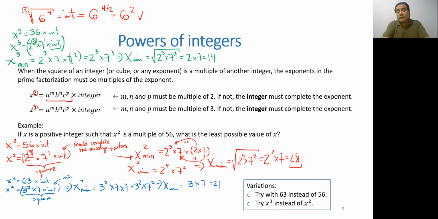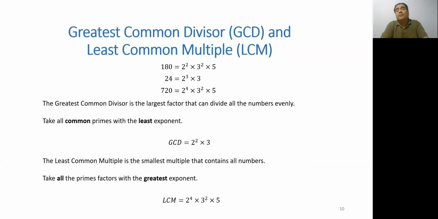Let's now visit the last concept of this lesson, which is the greatest common divisor, or GCD, and the least common multiple. Finding the greatest common divisor and the least common multiple for numbers that are small enough, you can do it like the high school method you were taught. Example.